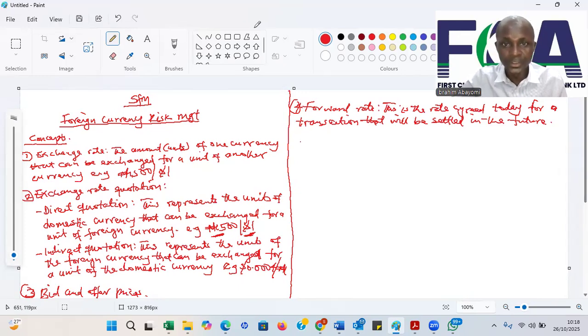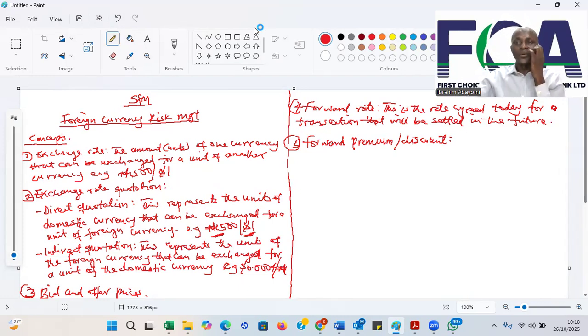Now, before that, let me first discuss forward premium or discount. The forward premium or discount is the difference between the forward rate and the spot rate.